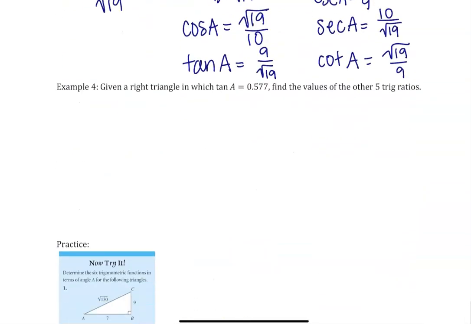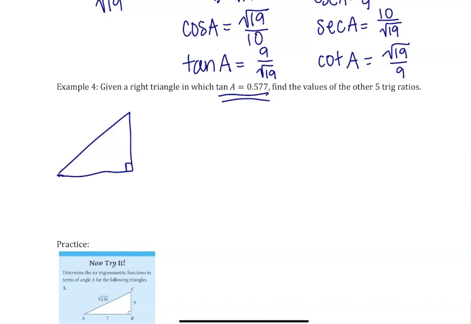You can even do this when you know the value, maybe not as a ratio. What if we knew that tangent of A was 0.577? Here's the thing about these ratios. We are dealing with triangles, and the ratio will be the same no matter what the size of the triangle is.